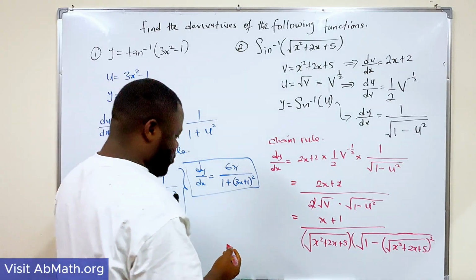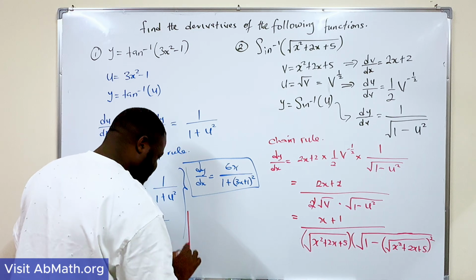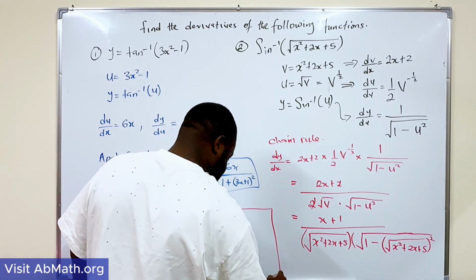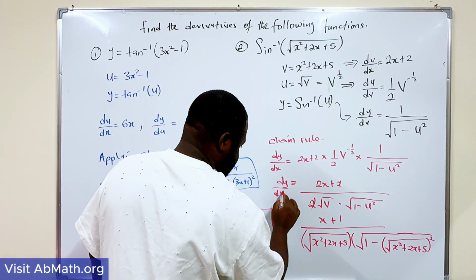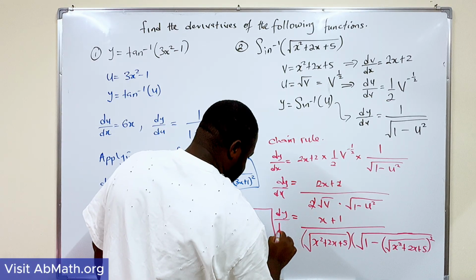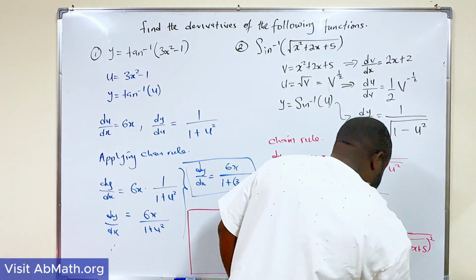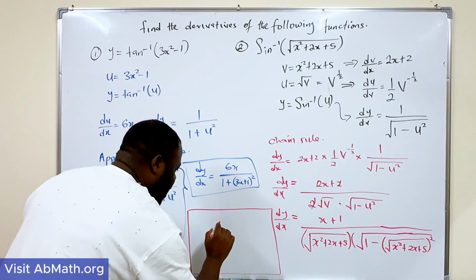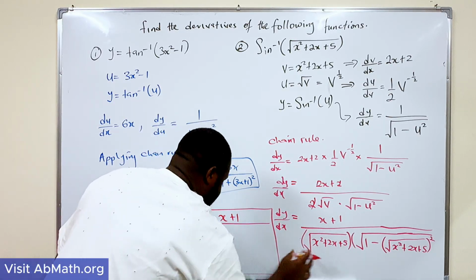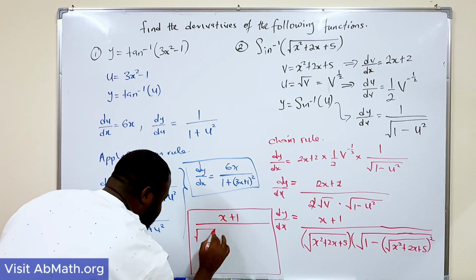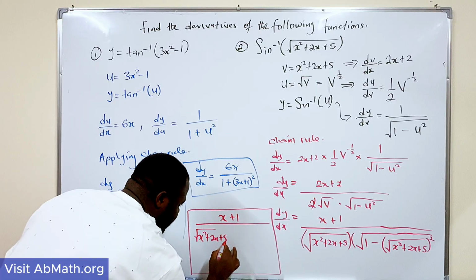I'm going to write the final answer here, if it can contain it. dy over dx. So now let's simplify this. We have x plus 1 over the square root of x squared plus 2x plus 5.